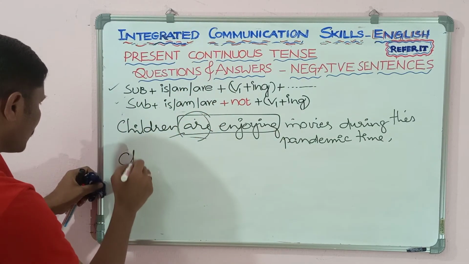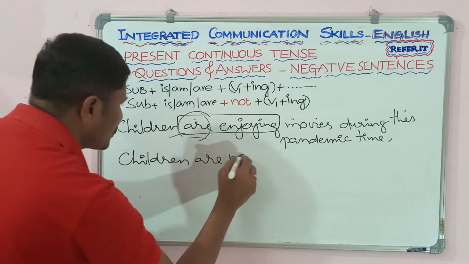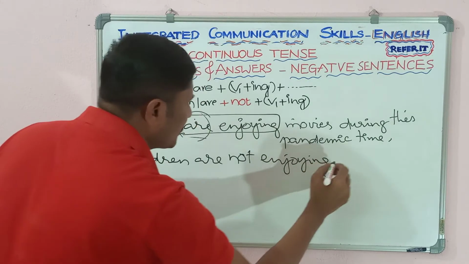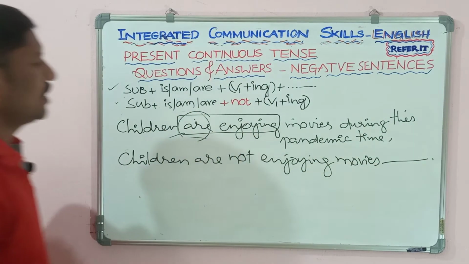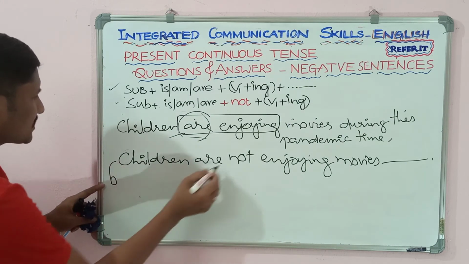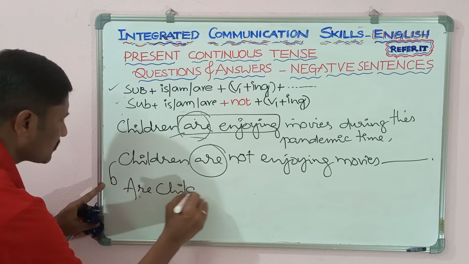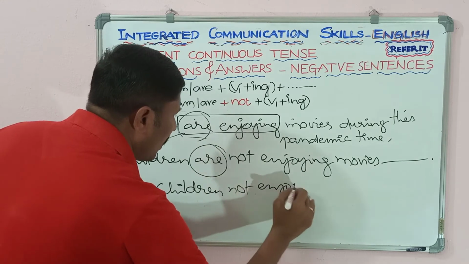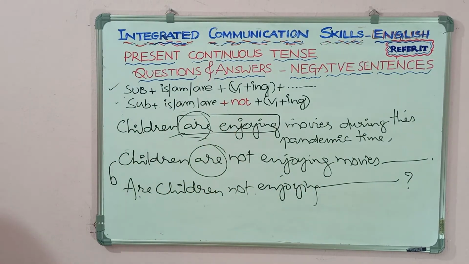Children are not enjoying movies during this pandemic time. So this is the negative sentence for that. But how can you write a question for this? Are children not enjoying movies during this pandemic time?